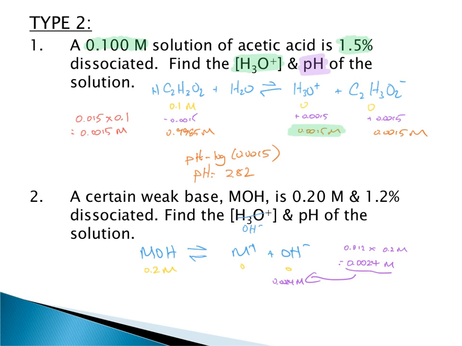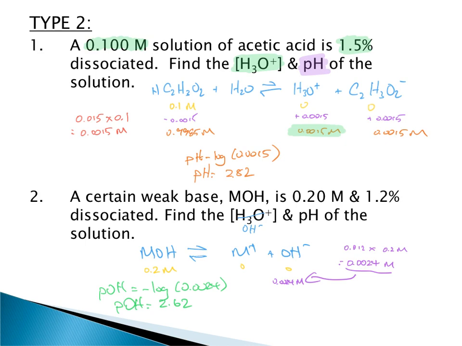But instead, I'm going to show you a different method here that might help you, and that is we're going to find the pOH. And to find the pOH, that could be found by taking the negative logarithm of 0.0024, the hydroxide ion concentration. So the pOH, when we do that calculation, is 2.62.